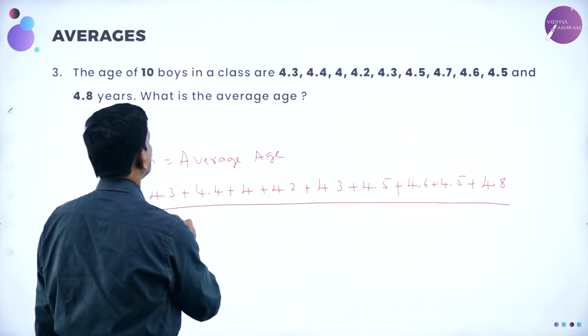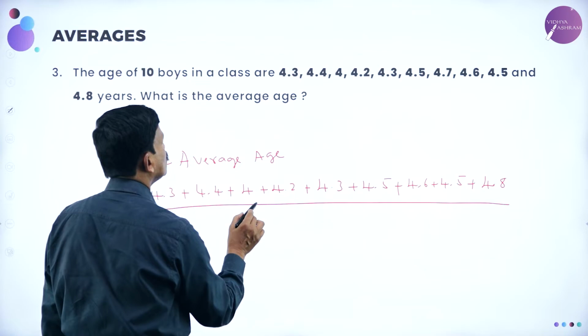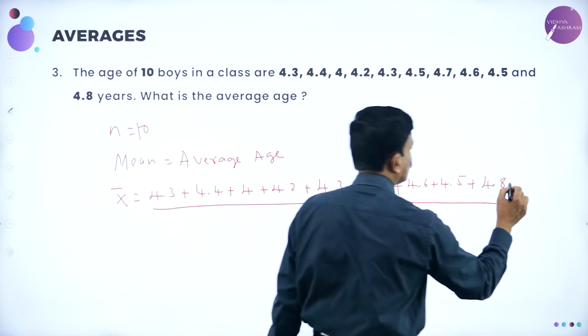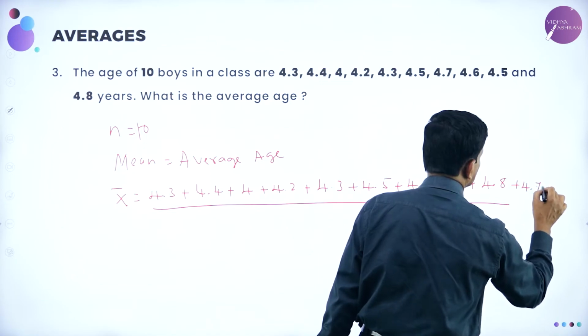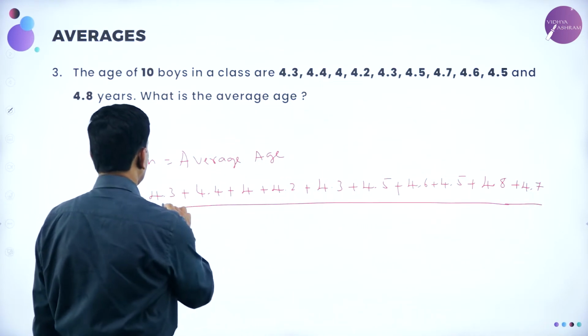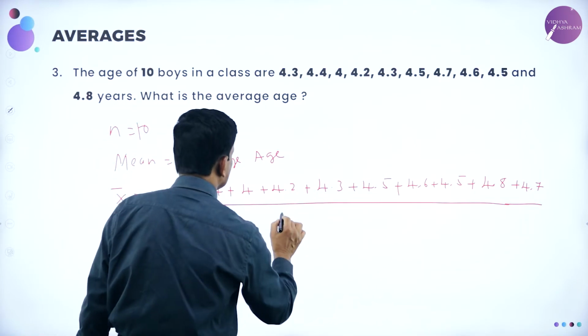Let me write 4.3, 4.4, 4, 4.2, 4.3, 4.5, 4.7 is also there, divided by 10.